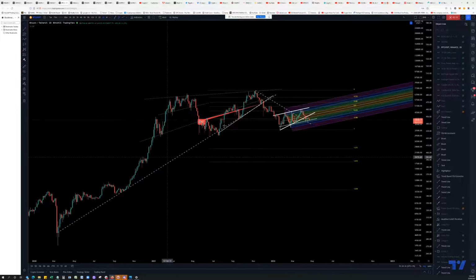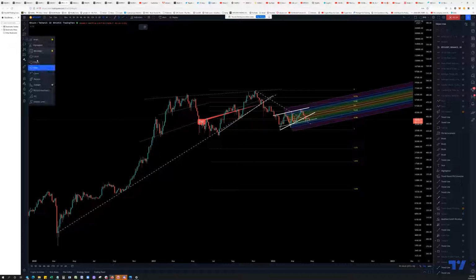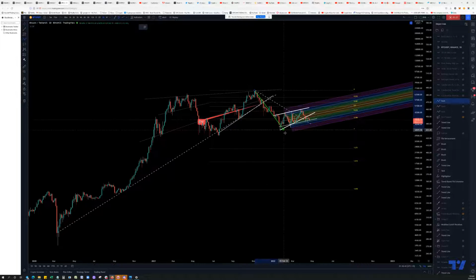If this is a macro trend line, then this can be a bearish flag, right? So you've got the correction, 1, 2, and now we can have that and continue on, which is probably unlikely, because we don't see strength here.